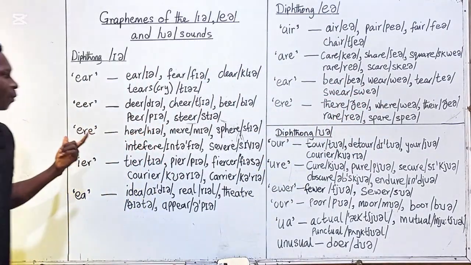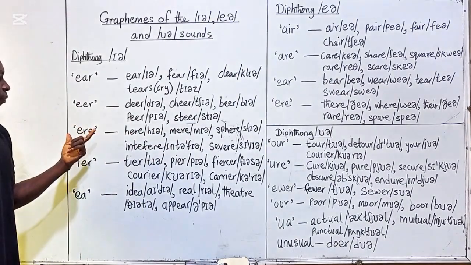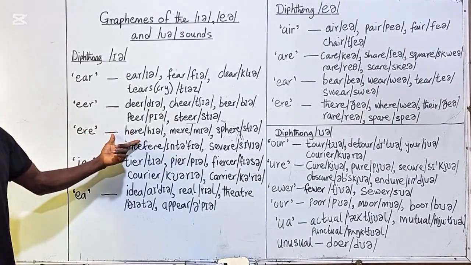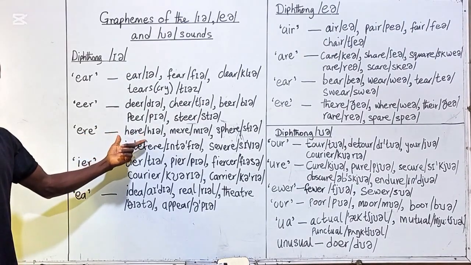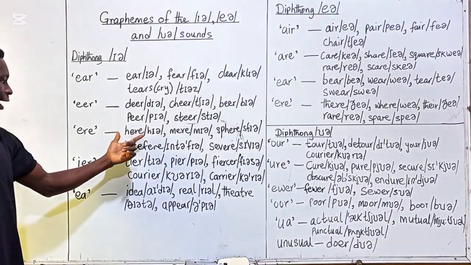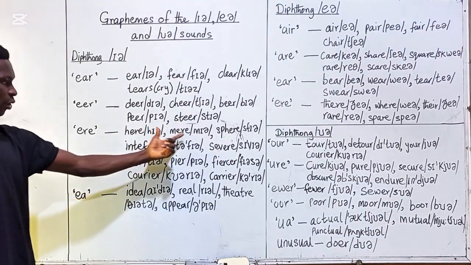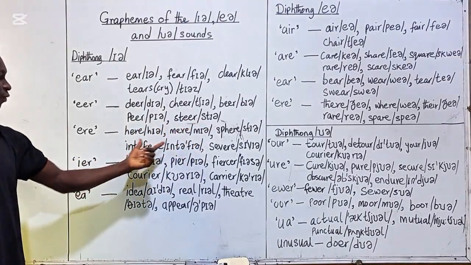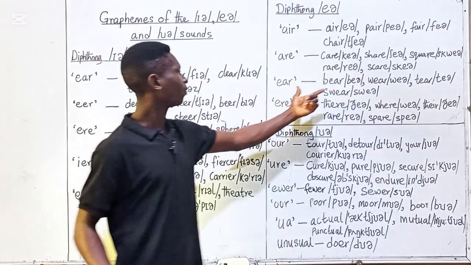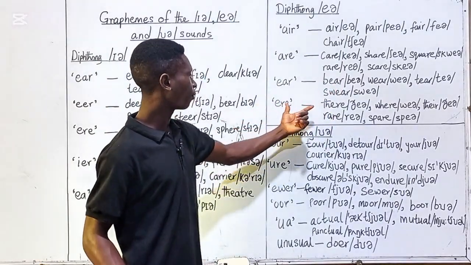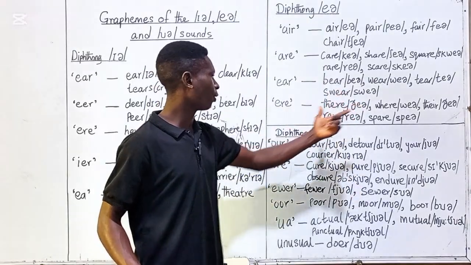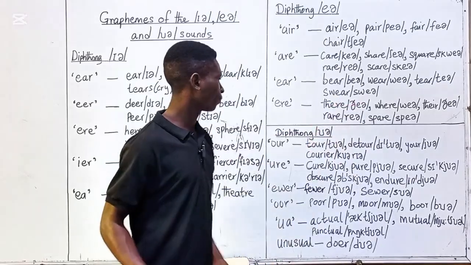Again, another corresponding grapheme is ERE. Here we realize it as ear, as in here, mere, sphere, interfere, severe, etc. Then there we have there, where, there, rare, spare.